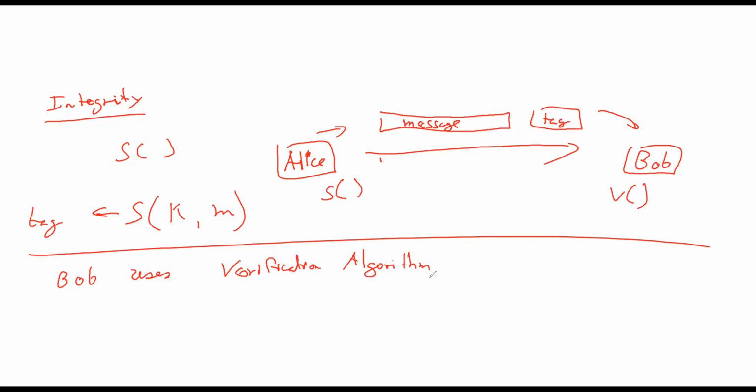And usually with these functions, when you do the verification, it really just returns true or false. There's no point in returning the message again. You're not decrypting. In fact, you might have the message. So instead, what you do is some kind of check of the values, and you provide V given the K, the M that you received, and the tag. And then this should return true or false. So that's the general idea there.